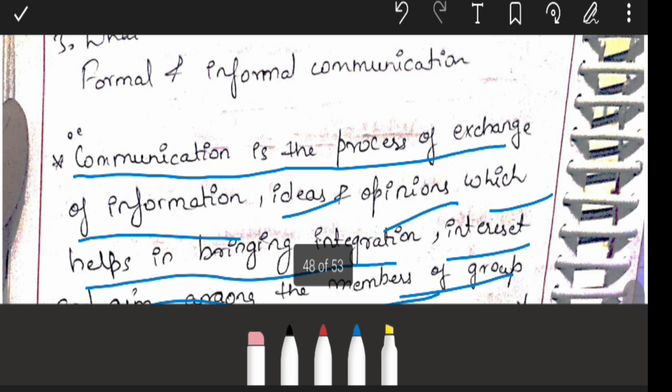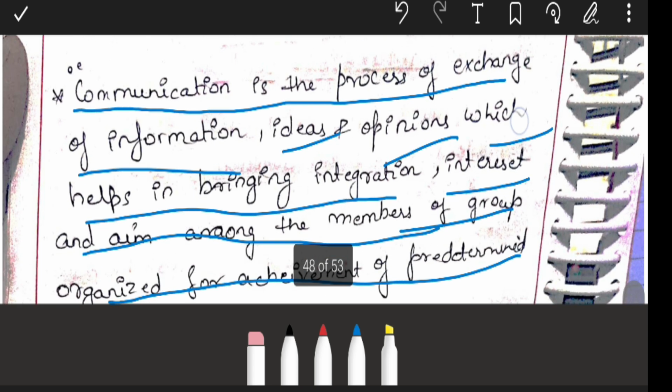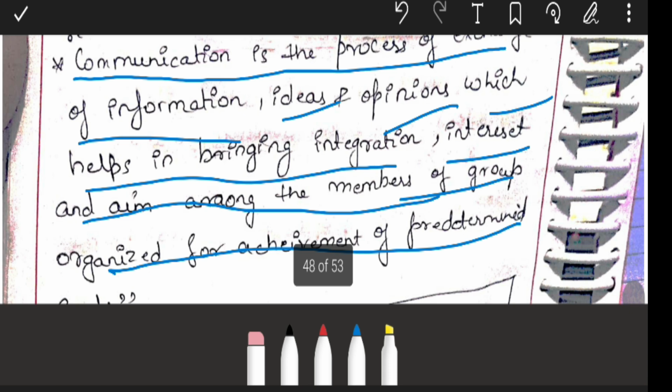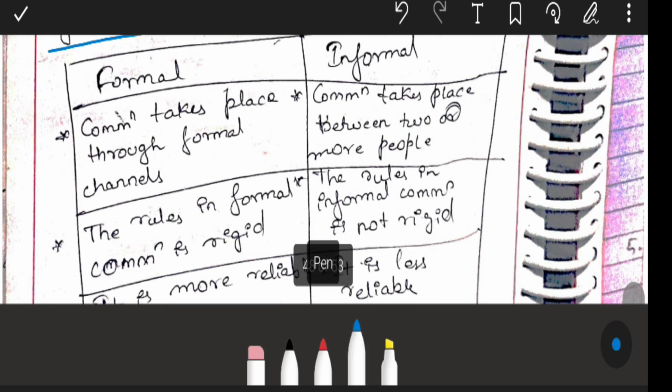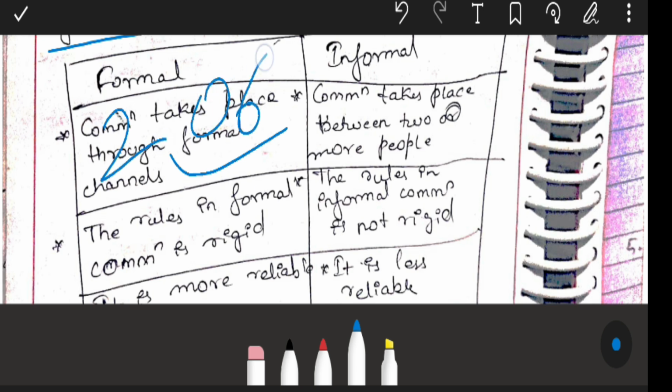The difference between formal and informal communication: formal communication takes place through a common channel between two organizations, two state governments, or two countries, etc.